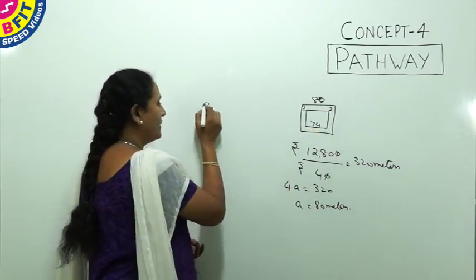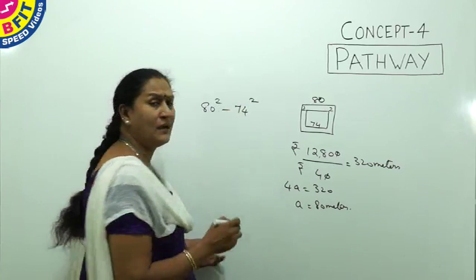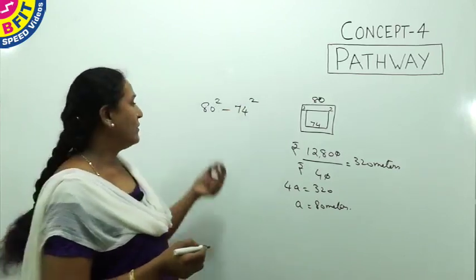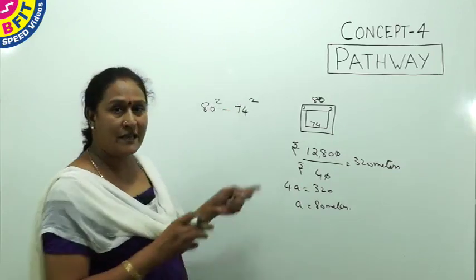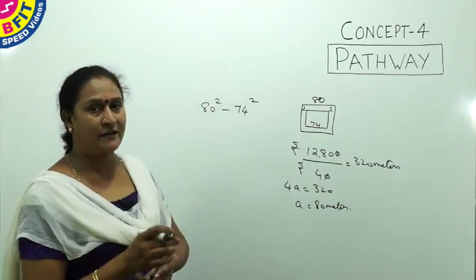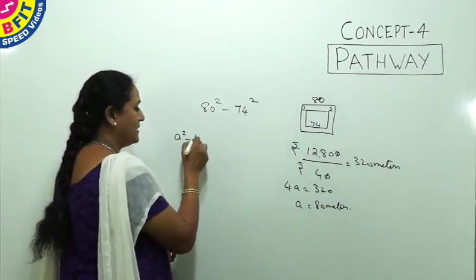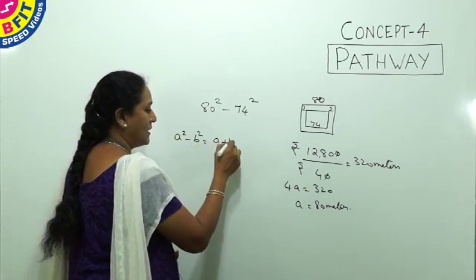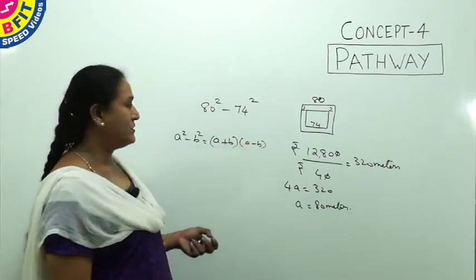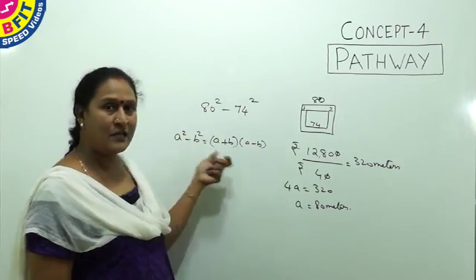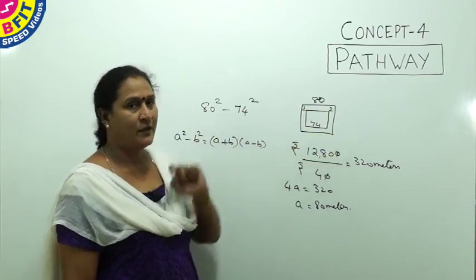So the required working is 80 square minus 74 square. Instead of squaring both and subtracting, we can use the a square minus b square identity. What is the identity? A square minus b square is a plus b into a minus b. So instead of subtracting squares, we can use the a plus b and a minus b concept. We get the area of the cement pavement.